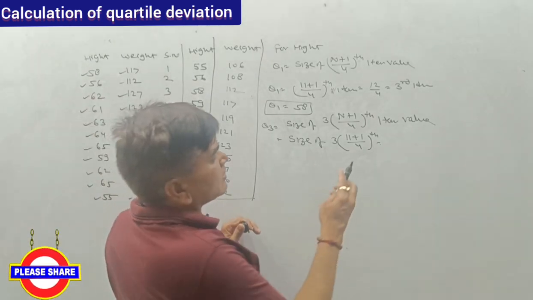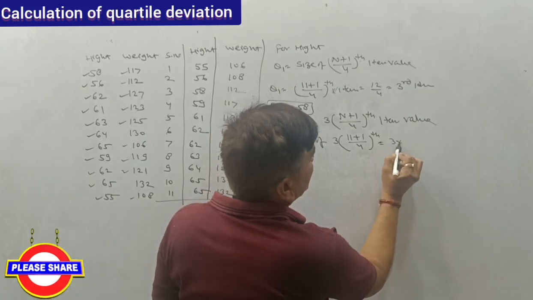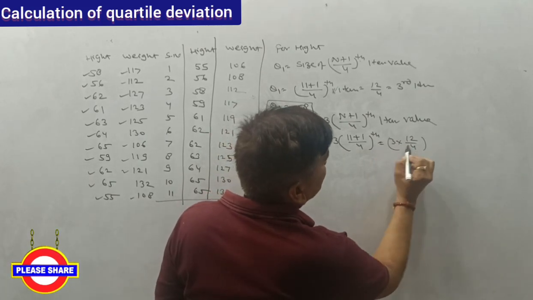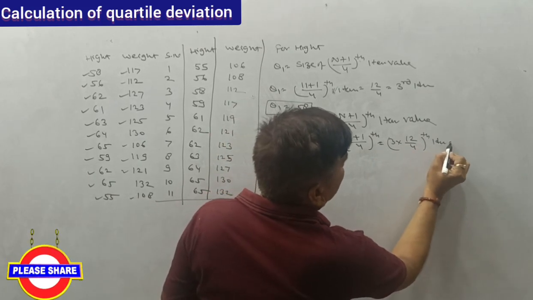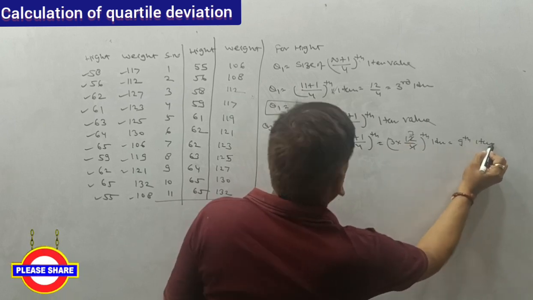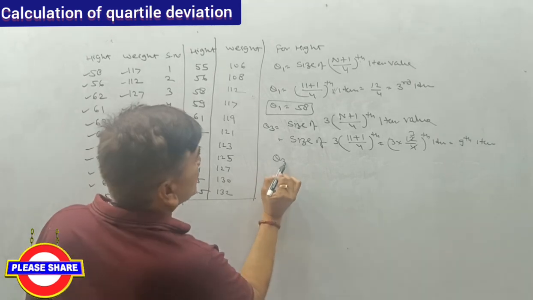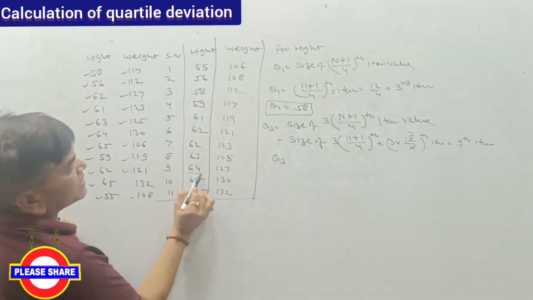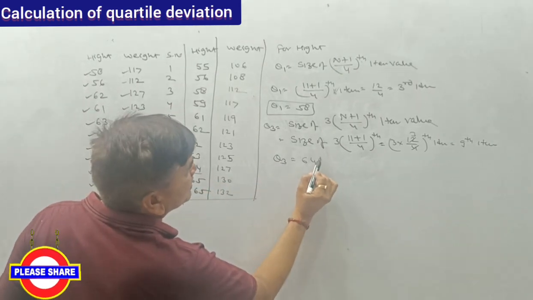So here there will be 3 multiplied by 12 upon 4th item, that will be the 9th item. The 9th item is 64, so the value of Q3 is equal to 64.